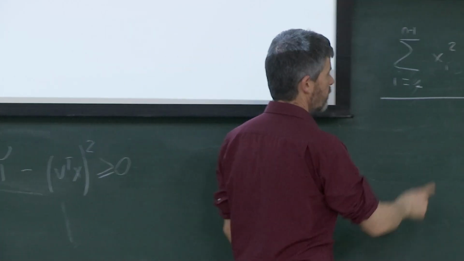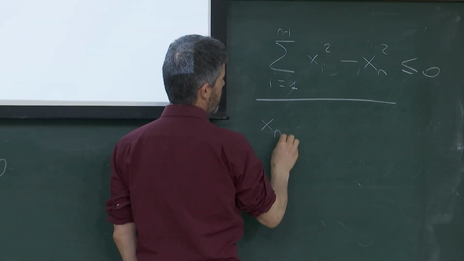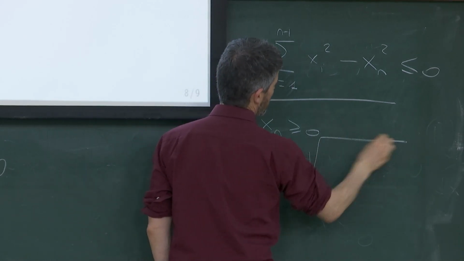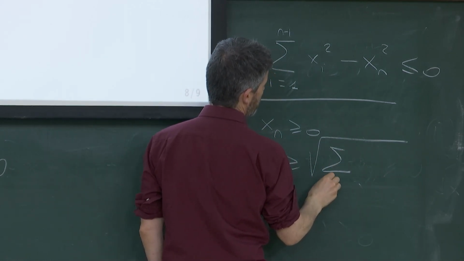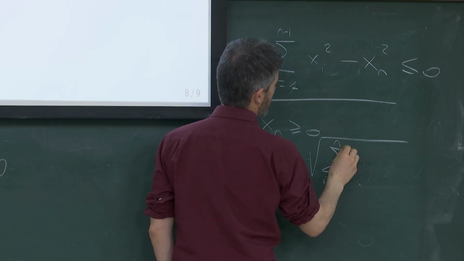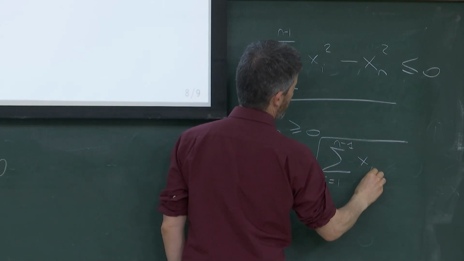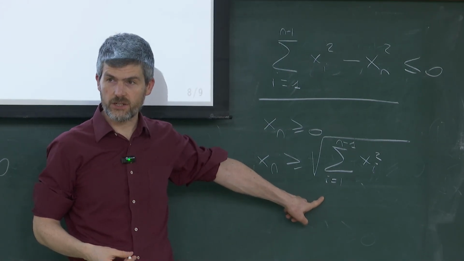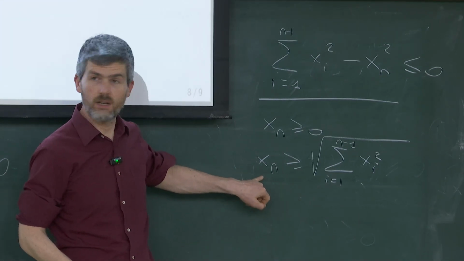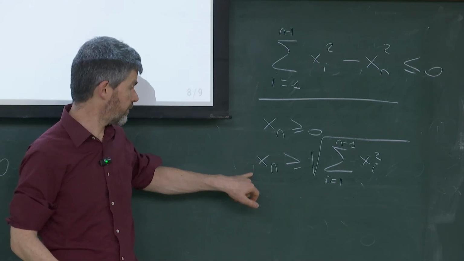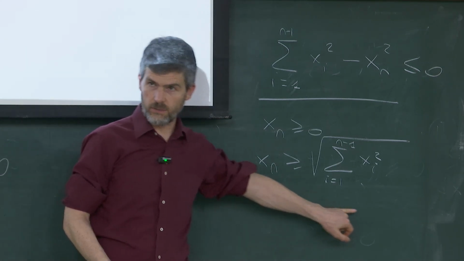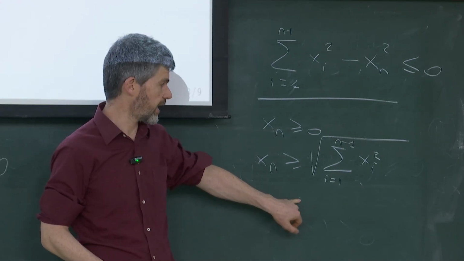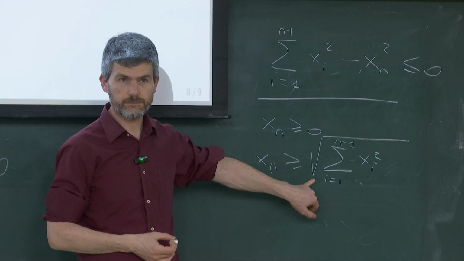What you need to do is translate this into xn greater or equal than 0, and then xn greater or equal than the square root of the sum over i from 1 to n minus 1 of xi squared. This is a convex function, and the outer approximation over this constraint is simply xn greater or equal than whatever first degree Taylor series approximation you can have on this square root.